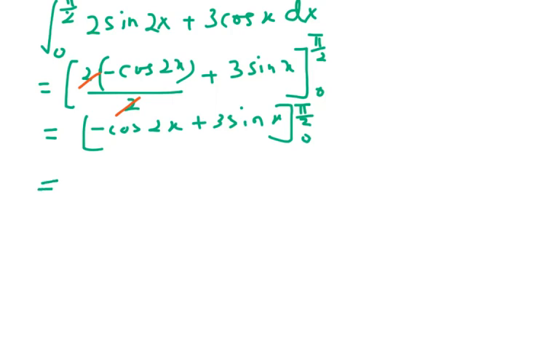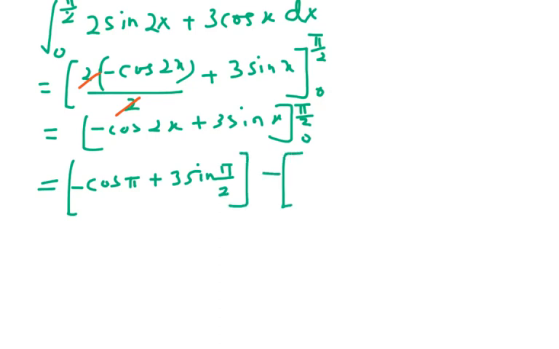For the first part, after you put in pi over 2, you should get negative cosine of pi plus 3 sine of pi over 2. That's the first part. Minus the substitution of 0, so negative cosine of 0 plus 3 sine of 0.